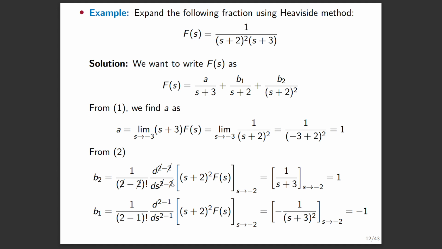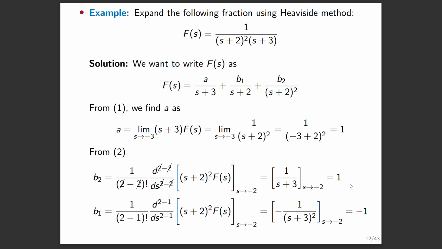It means not take the derivative. Inside the parentheses here, I'm going to have s plus 2 squared f of s, which means just multiply this whole thing with s plus 2 squared, and then substitute -2 for s. So all it means is that substitute -2 in the fraction of 1 divided by s plus 3, which is 1.